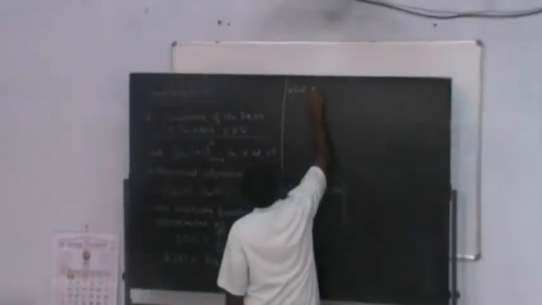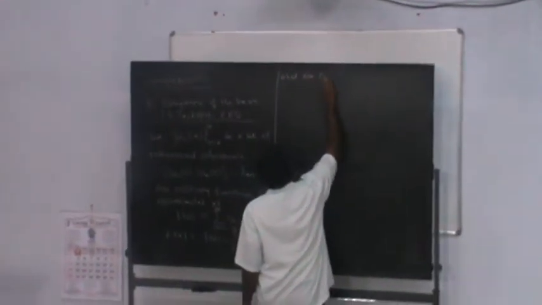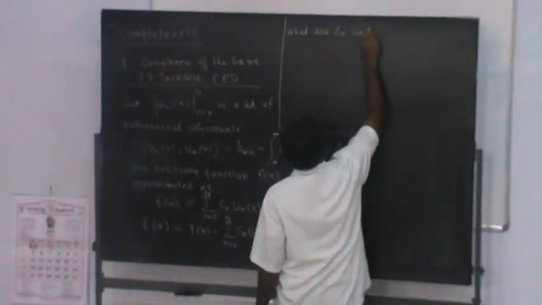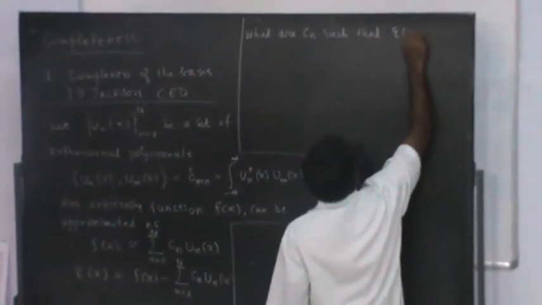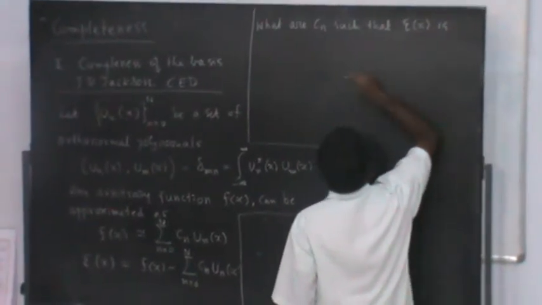Now we ask the question, very generally asked all the time in physics: what is the best choice of the c_n such that E of x is minimum?